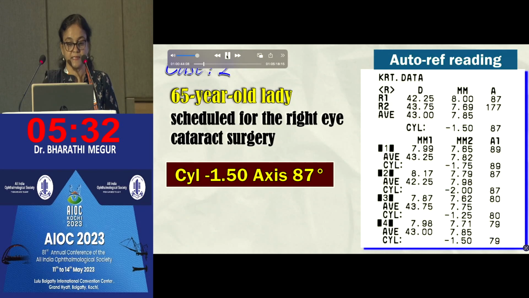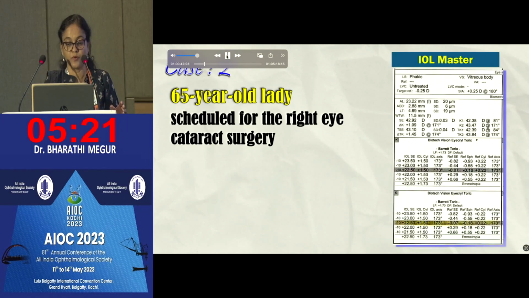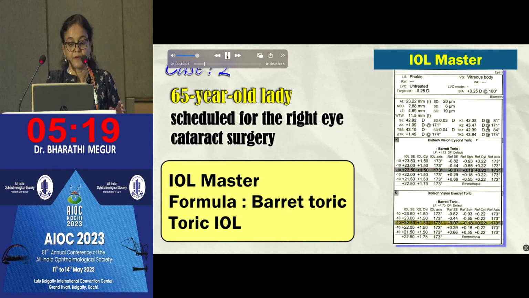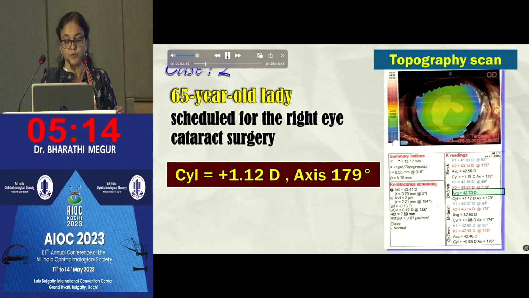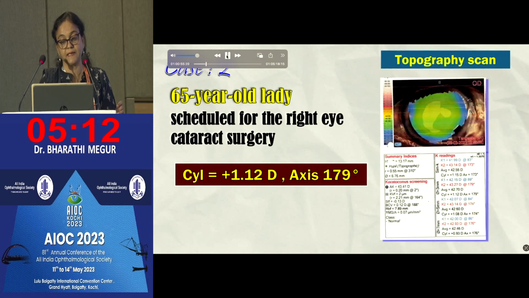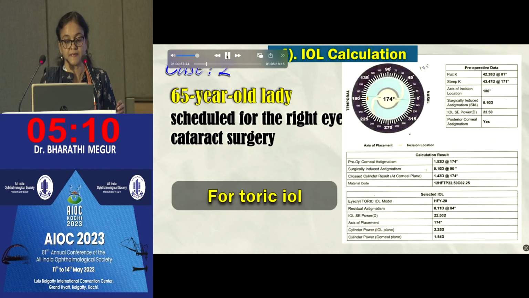Here again, this is a 65-year-old lady. She has against-the-rule astigmatism of -1.5, axis at 87 degrees. We obtained 4 important biometric measurements: auto-K reading, a topography scan, an immersion scan, and also IOL Master 700.